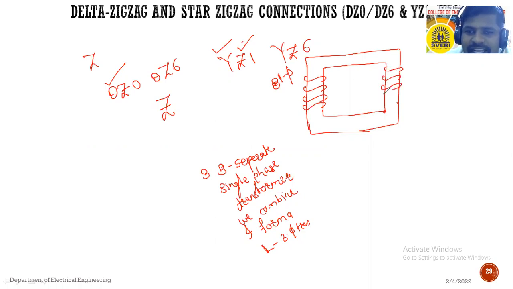How many windings are there in each transformer, in the primary of a three phase transformer? Give me a reply. It is a three phase transformer, how many phases and how many windings are there? For a three phase transformer, how many windings are there on the primary side?